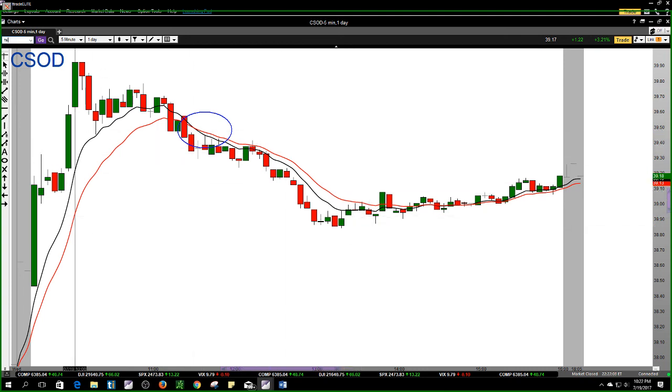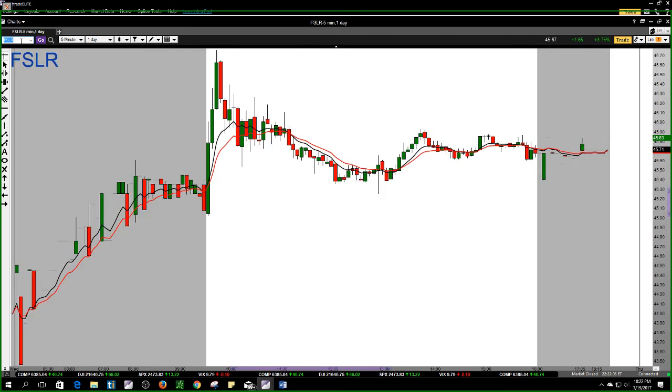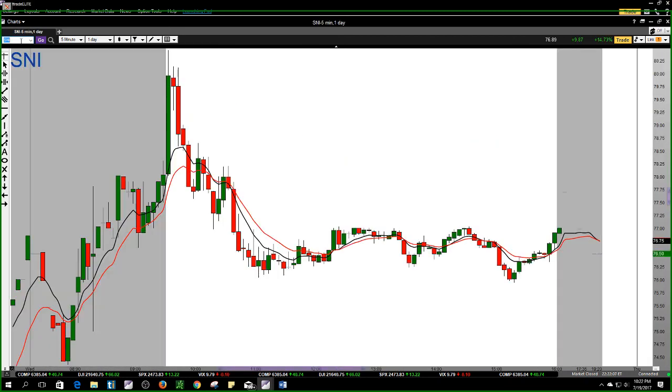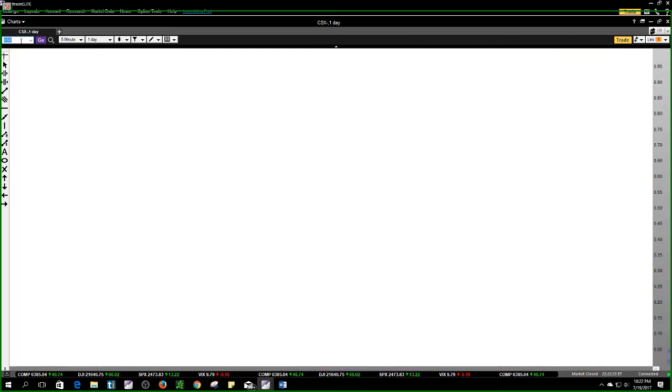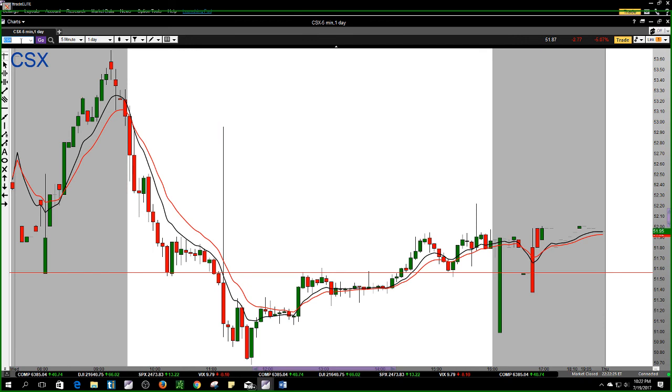I did FSLR, pop and short trade. I did SNI, pop and short trade. Obviously, CSOD was my third trade. I did UWT long on this one. I think I got in at 40 something, I can't remember. CSX I did on the long side with a $15.95 entry.